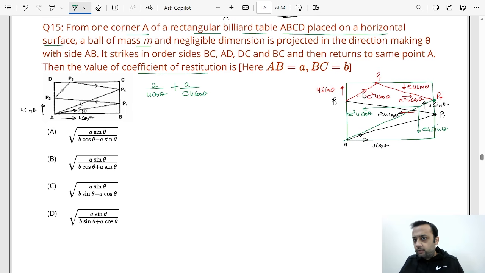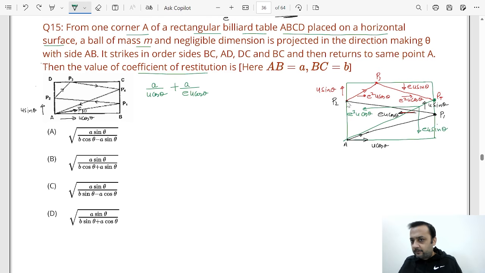Then what is the time from P2 to P3 and P3 to P4? I'm writing the time directly from P2 to P4. Along the x-axis, again the displacement is a, and the x velocity will be e square u cos theta throughout this motion.